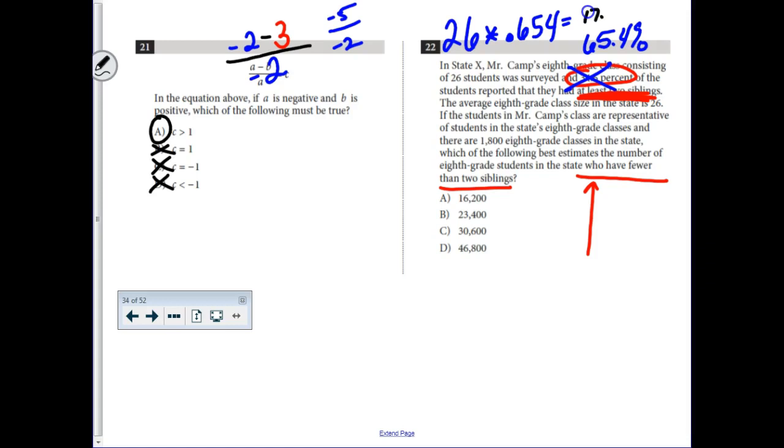Okay. So it's like some weird 17 point something. Now remember, that's just in Mr. Camp's class. We want to know about all the classes in the whole state. So if there are 1,800 different classes, now you got to go back and multiply this by 1,800. And I think you get, is it C?